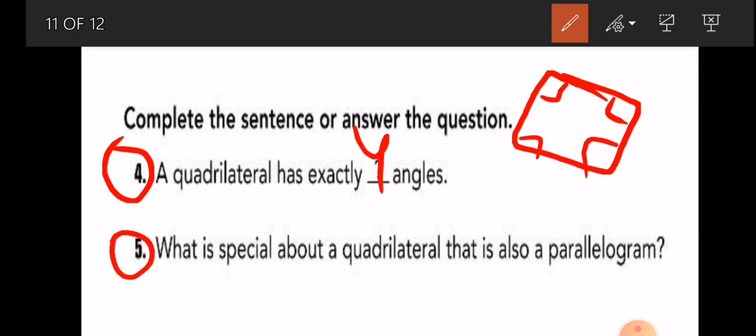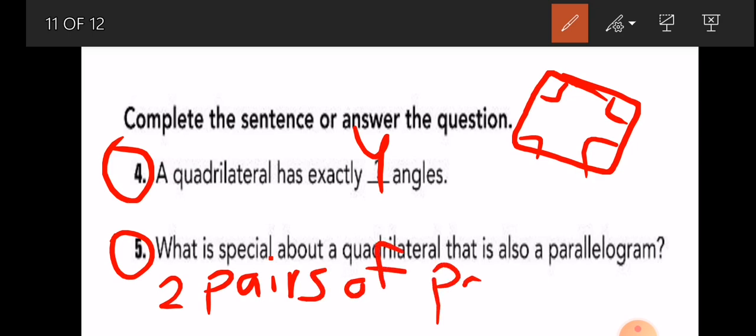What's special about a quadrilateral that's also a parallelogram? We said what is special about any quadrilateral which is a parallelogram: that we have two pairs of parallel lines. Any quadrilateral that I can call a parallelogram must have two pairs of parallel lines.